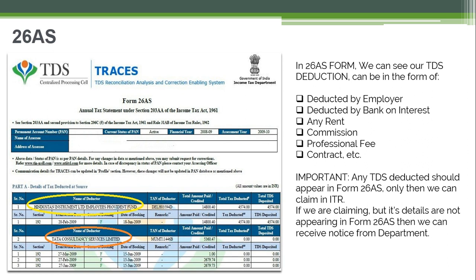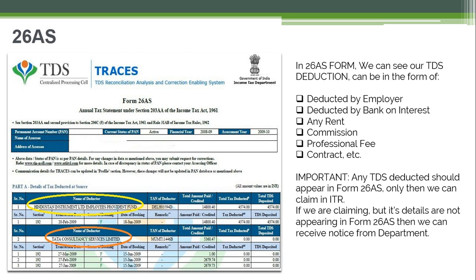There are some cases where your TDS has been deducted but you are not aware. But if you have submitted your PAN and your deductor has deducted the TDS, then all these deductions of TDS will appear in TRACES, that is the TDS Reconciliation Analysis and Correction Enabling System, form number 26AS.